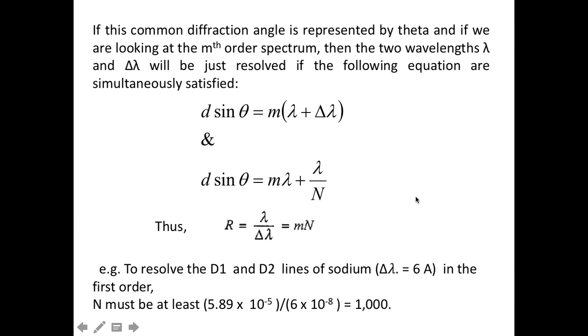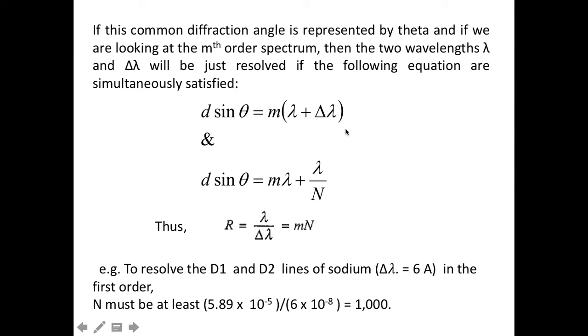If this common diffraction angle is represented by theta, and we are looking at the mth order spectrum, then the two wavelengths lambda and lambda plus delta lambda are just resolved if the following two equations are simultaneously satisfied: d sin theta = m(lambda + delta lambda), and d sin theta = (m lambda) + lambda/N.